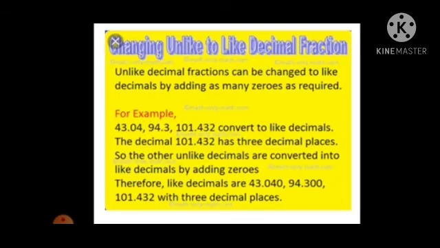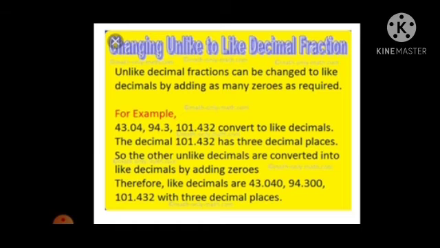Now, next, changing unlike to like decimal fractions. Unlike decimal fractions can be changed to like decimals by adding as many zeros as required. Students, we convert unlike decimals into like decimals because when we are comparing, adding, or subtracting the numbers, it is very difficult if the decimal numbers are unlike.